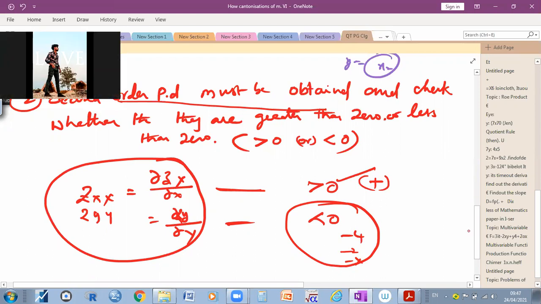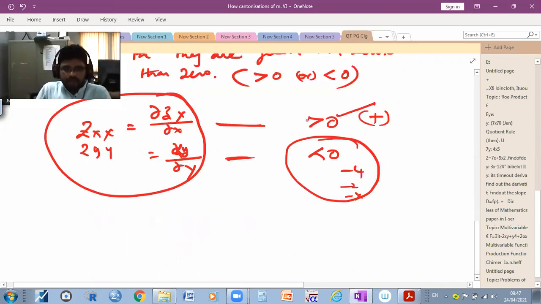For example, within the second condition, condition A is there.